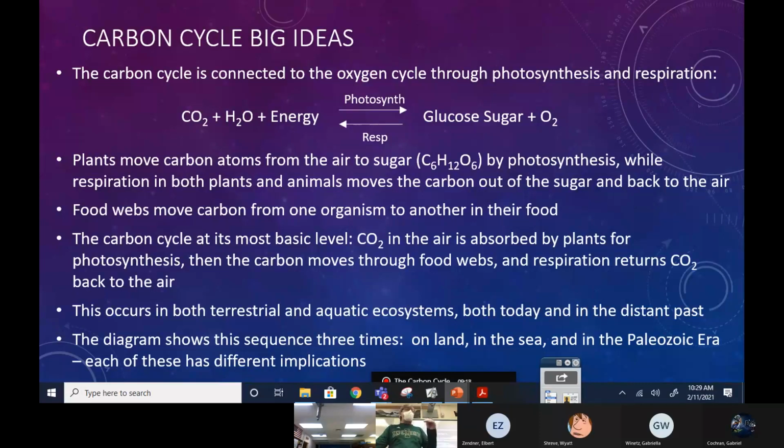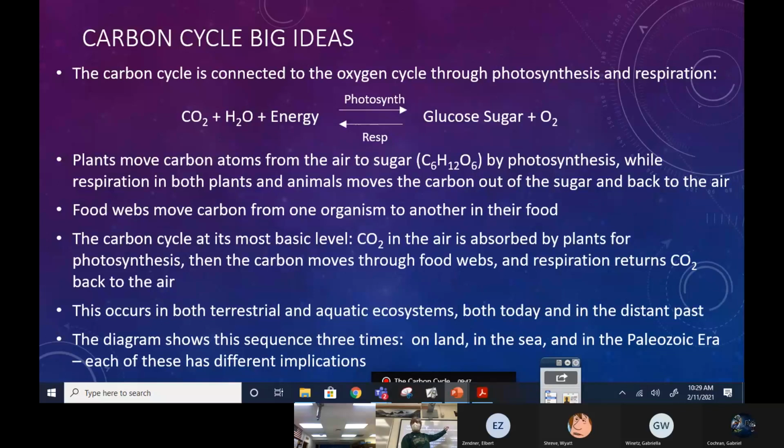There's also a nitrogen cycle, a sulfur cycle, a phosphorus cycle. All these molecules that we need to live, our bodies are made of these things. They move through the world. They move from the solid part of the Earth, the geosphere, to the liquid part, to the living part in us, the biosphere.